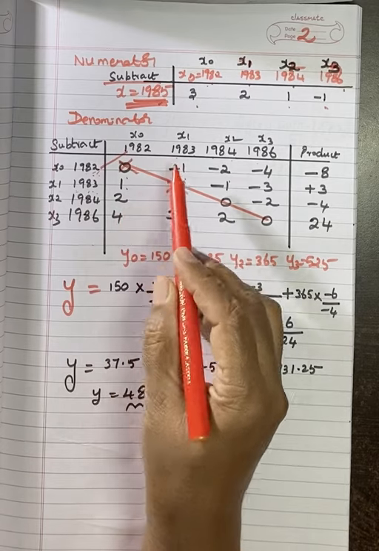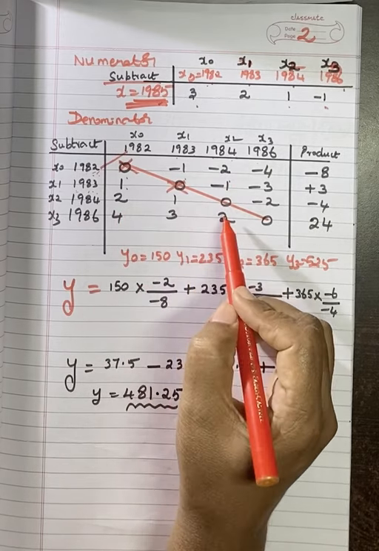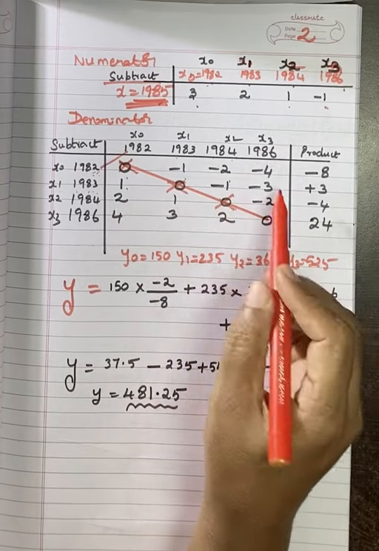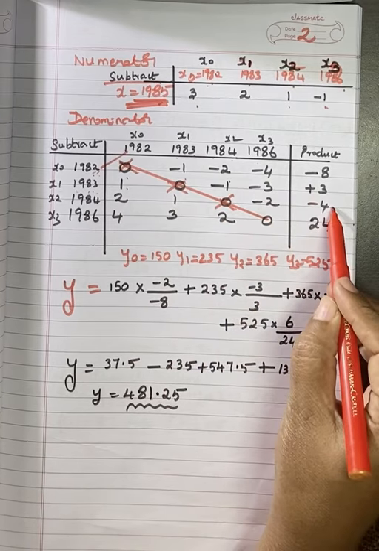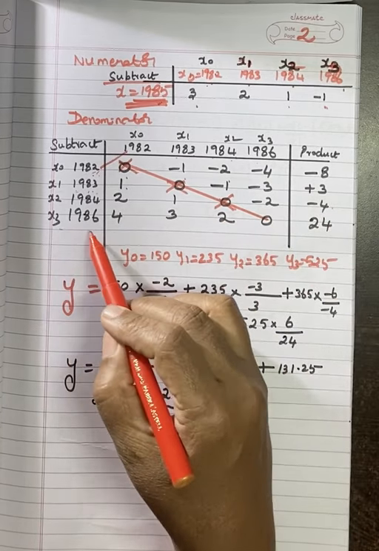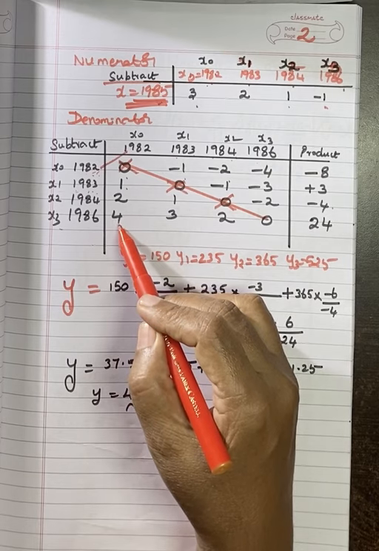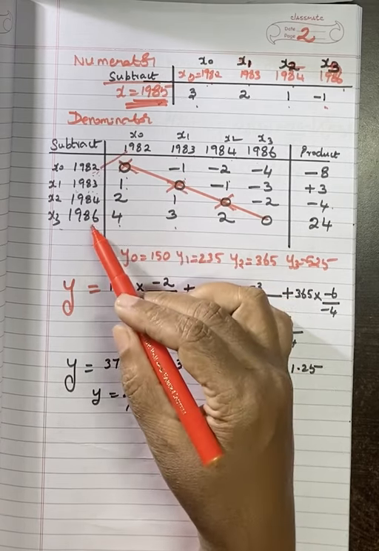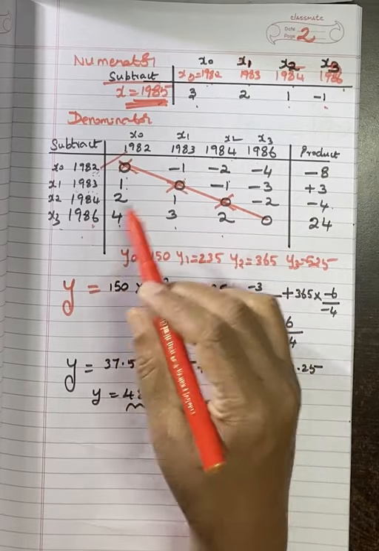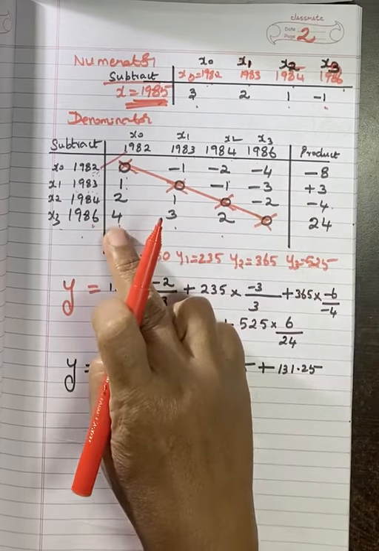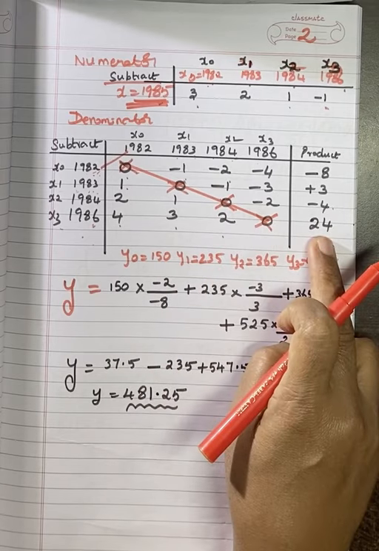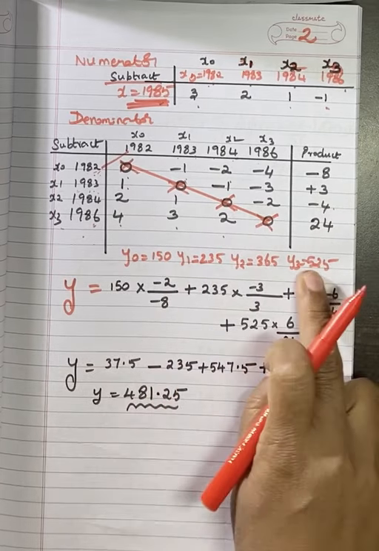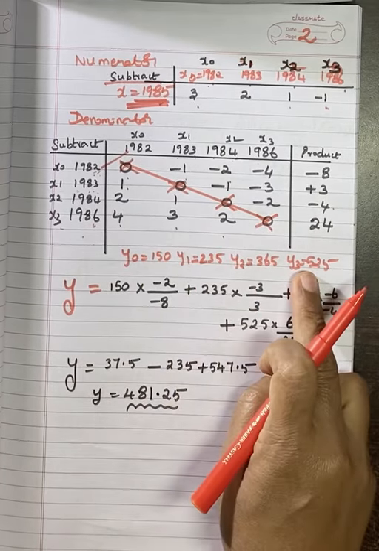This becomes 2. This becomes 1. This becomes 0. Leave the 0. This becomes minus 2. If you multiply, it is minus 4. Third, 1986. You subtract. This is 4. This is 3. This is 2. This is 0. Leave the 0. Multiply: 4 3s are 12, 12 2s are 24.